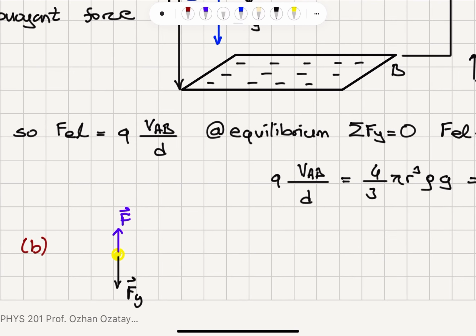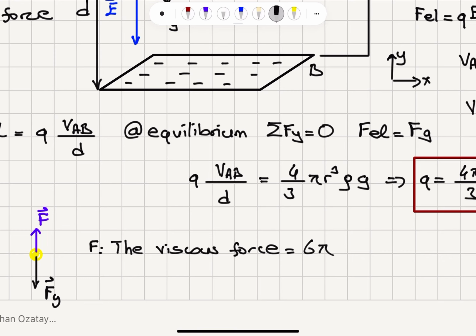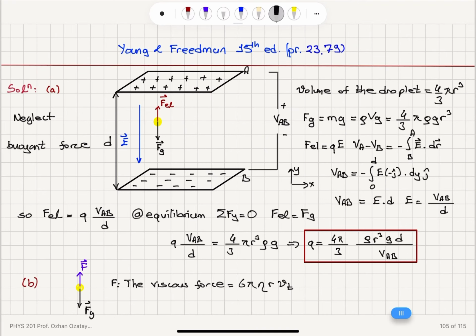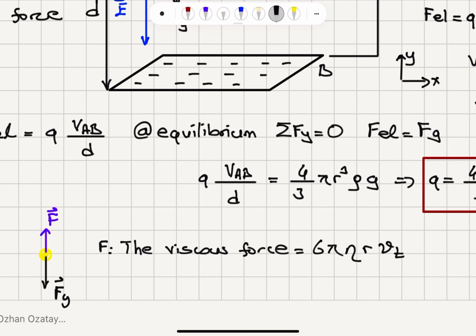Okay, now I have F, the viscous force acting on the drop. F is the viscous force, and it is given by Stokes' law, 6 pi eta radius times the terminal speed. When I reach the terminal speed, the net force on the y-axis will be 0 because the acceleration should be 0.